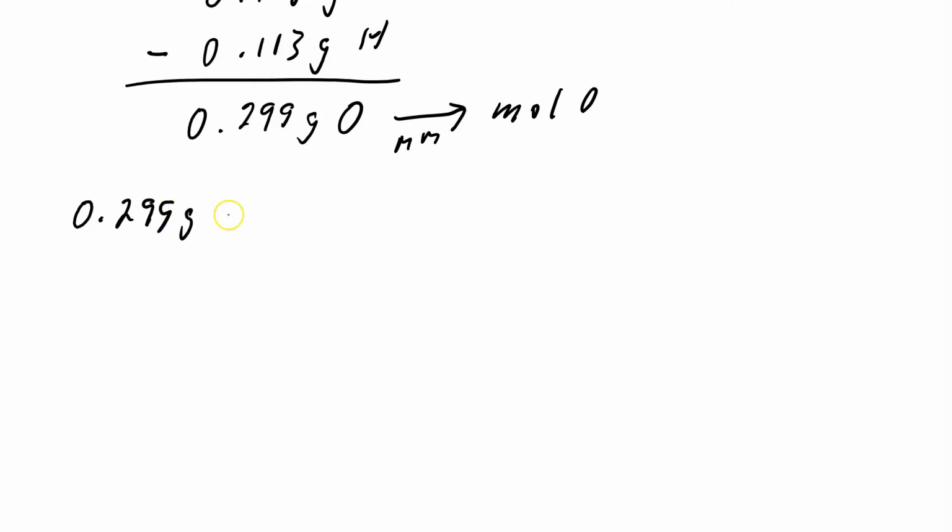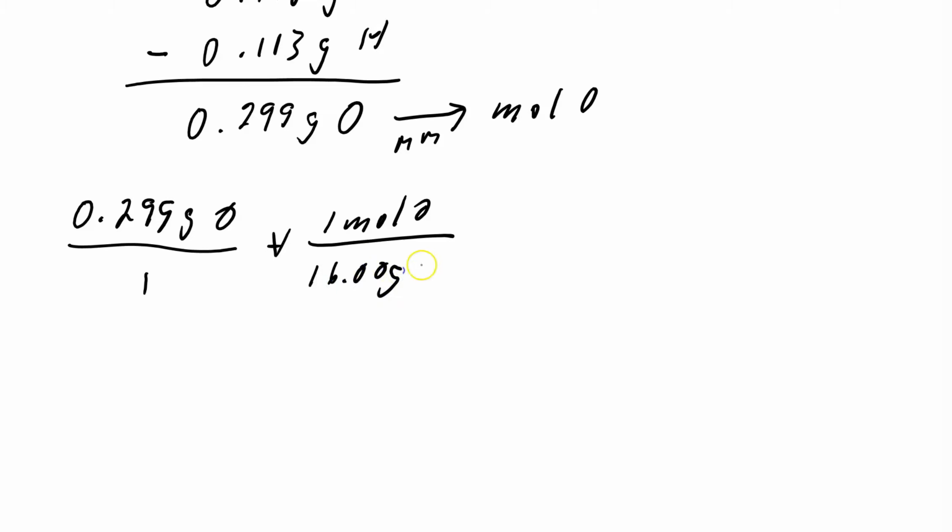0.299 grams of oxygen, that's over 1, times 1 mole of oxygen has a mass of 16.00 grams. Grams of oxygen cancel, and now when we do the division on that, we get 0.0187 moles of oxygen in this compound.